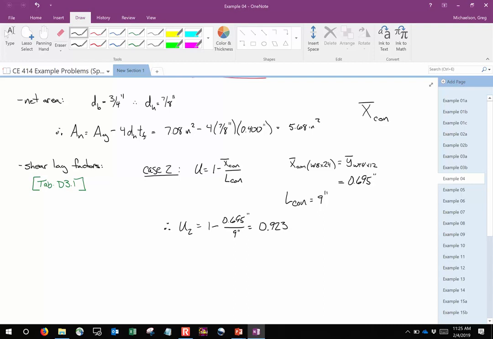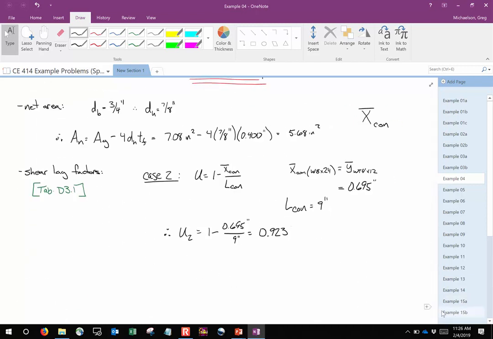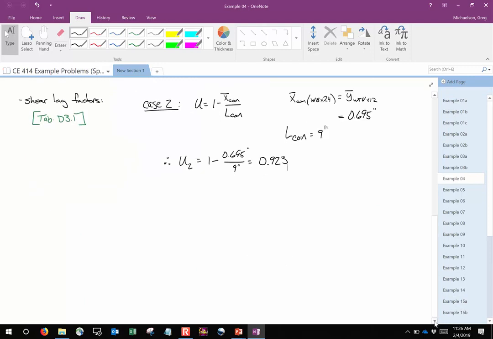We have 4, right? Yeah, now this is the flange and it has 3 or more. Because remember, here's our section. We have 1, 2, 3, 4 fasteners per line because that's in the direction of loading and it's in the flange.